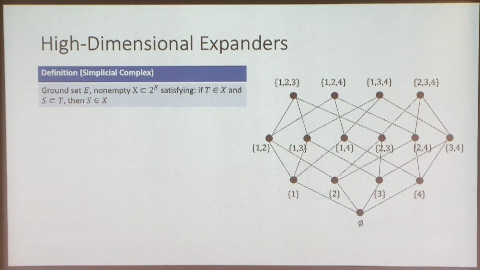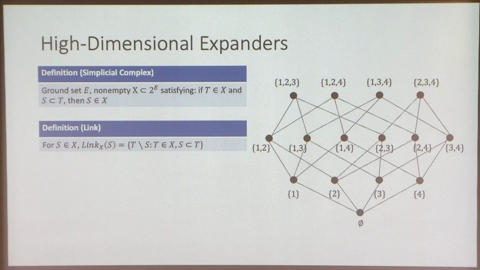Matroids are simplicial complexes with an added exchange property. Here I drew the simplicial complex again for the uniform matroid of rank 3 on 4 elements. A couple of operations that we will need, which we recall from yesterday: one of them is the link.